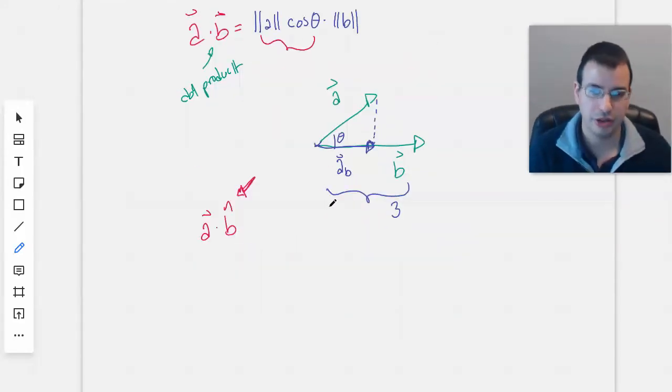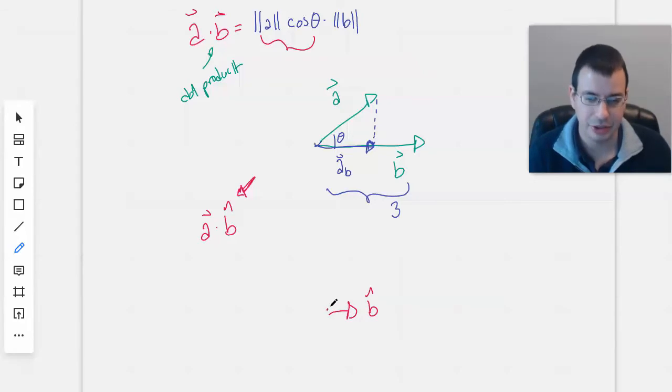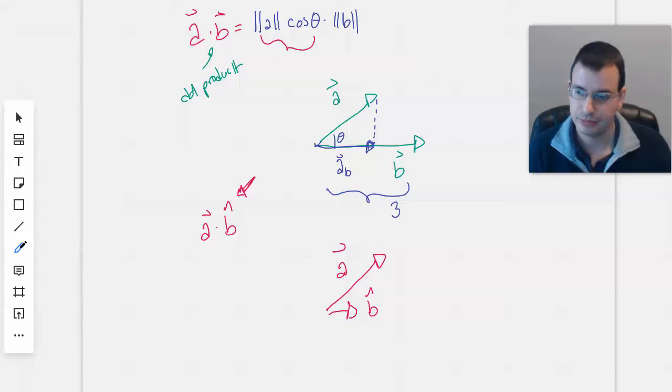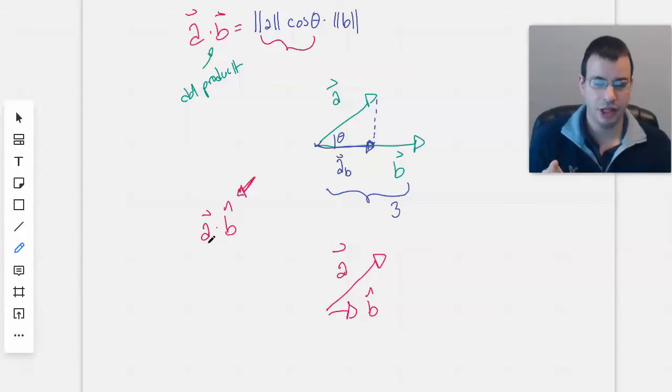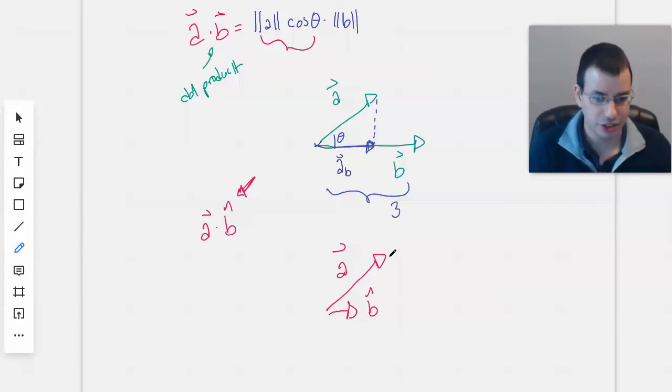So redrawing this, we could have b hat, a unit vector, and a, where this would be the length of a in the same direction of b, so a projected onto b, and then we multiply it by the length of b, which is 1 since it's a unit vector. And so this would just be, as I labeled before, a dot b.